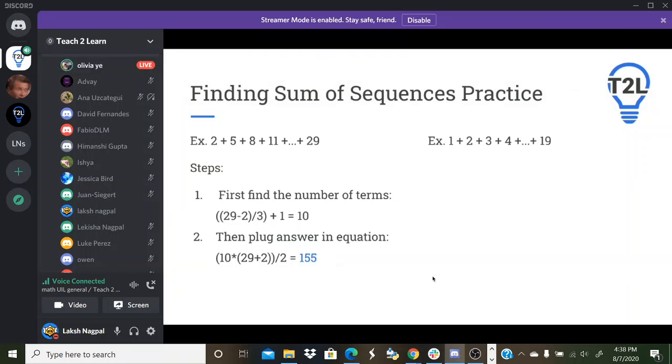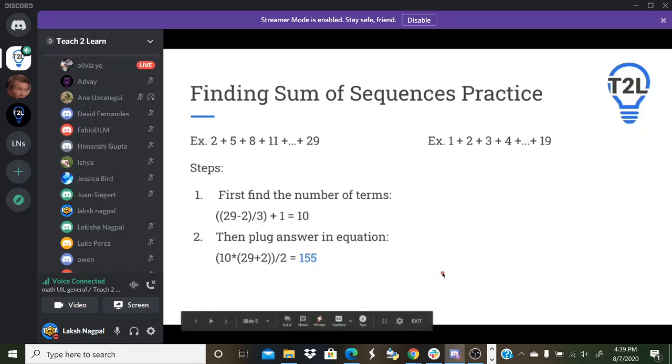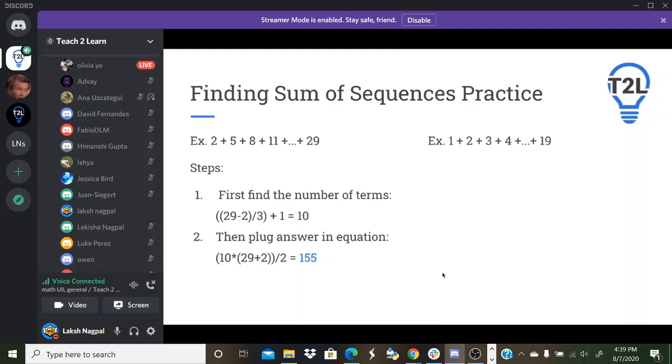We have someone saying 190. Do people agree or disagree? Okay. Himanshi agrees with Owen. So what about the rest of you guys?